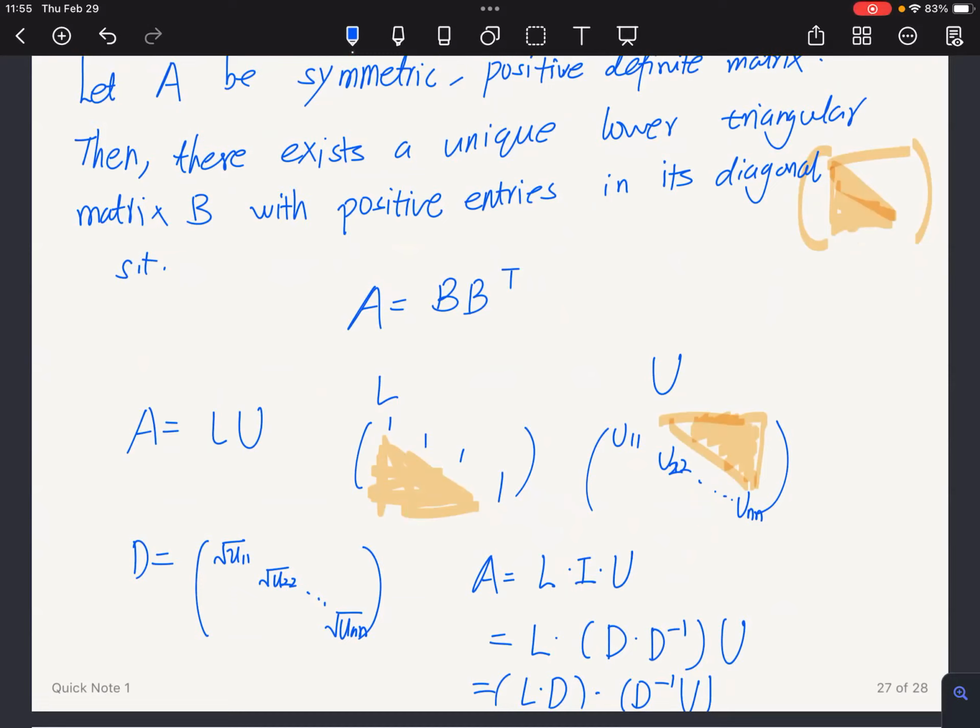For the LU factorization, you need to compute the elements here and the elements here, that is n squared elements you need to calculate. But for the Cholesky factorization, you just need to calculate n squared divided by 2 elements, and that's why we have the reduction of the computational cost.